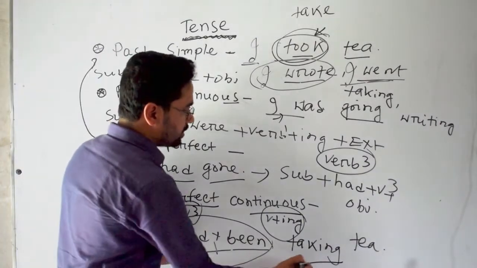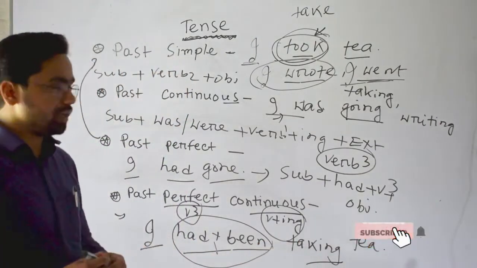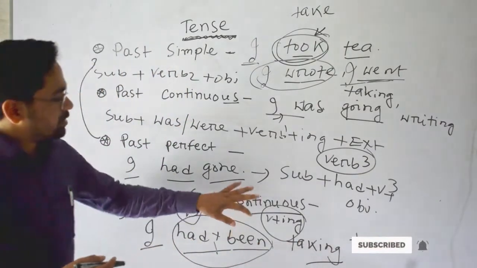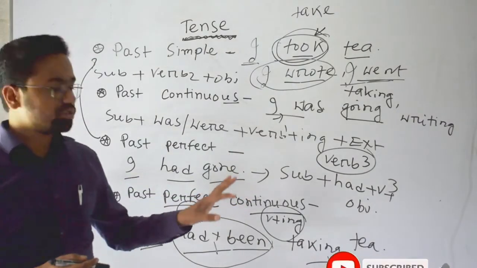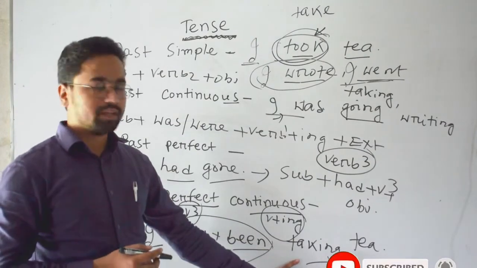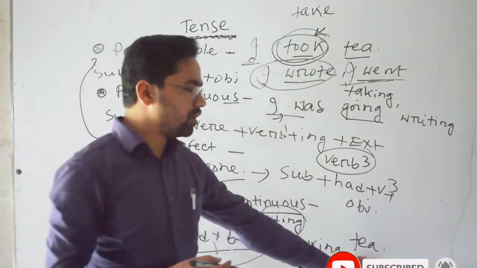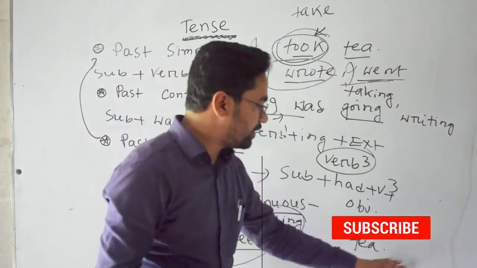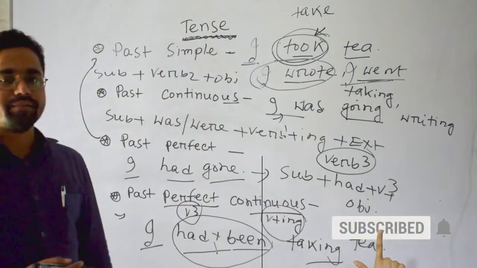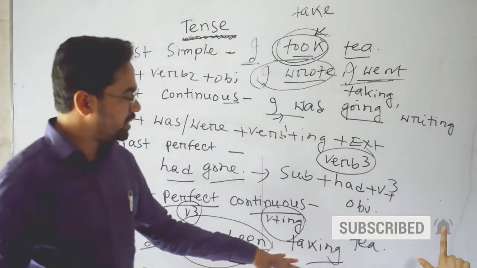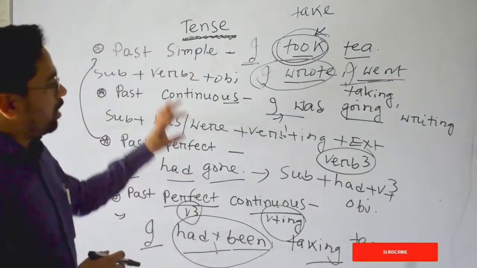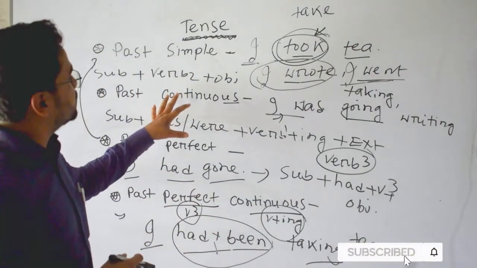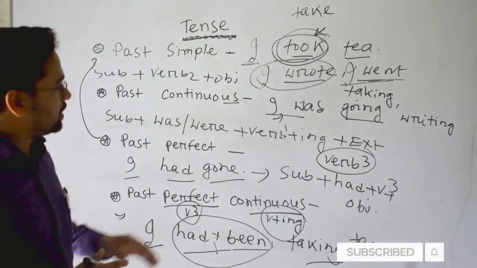And taking, I have shown earlier in my video, is the continuous form: you need to put ing with the verb. Tea is the object, and there you can put a time. I had been taking tea for 5 minutes, for 30 minutes. All these are tenses about the past.